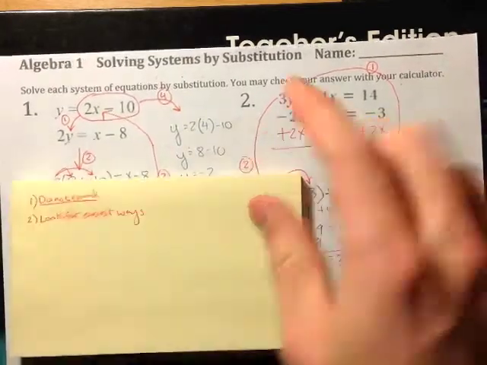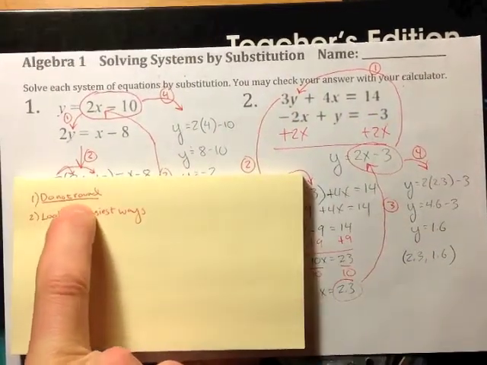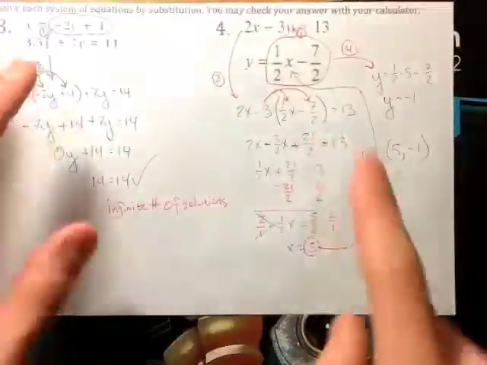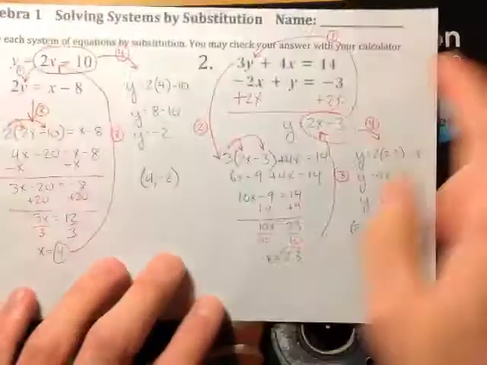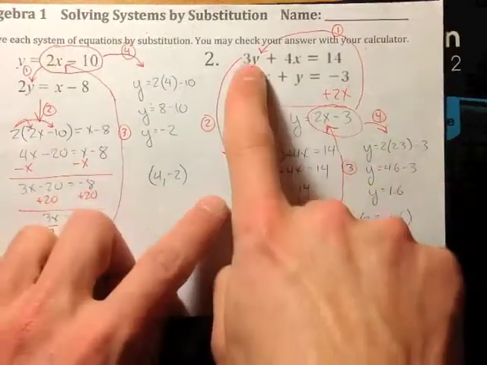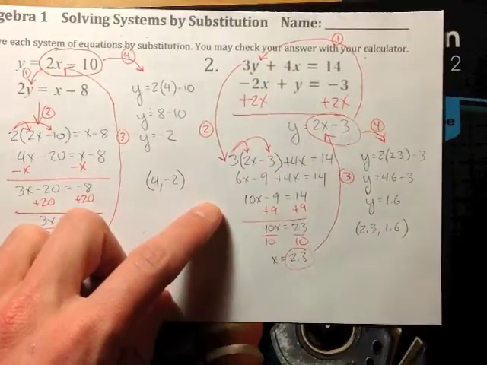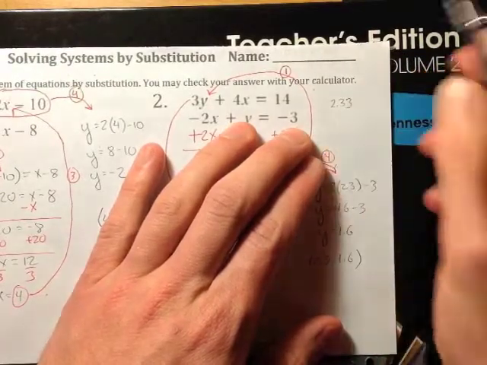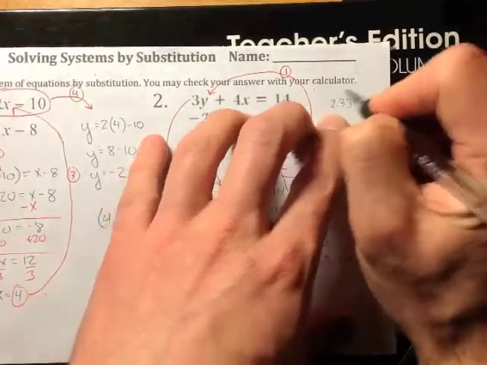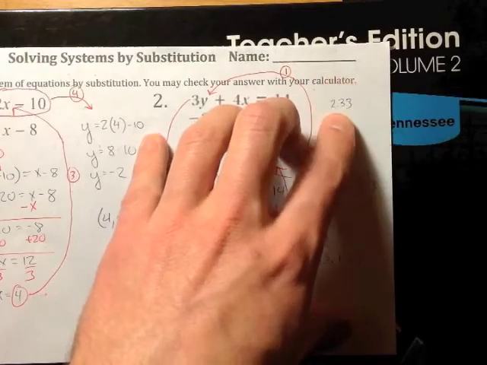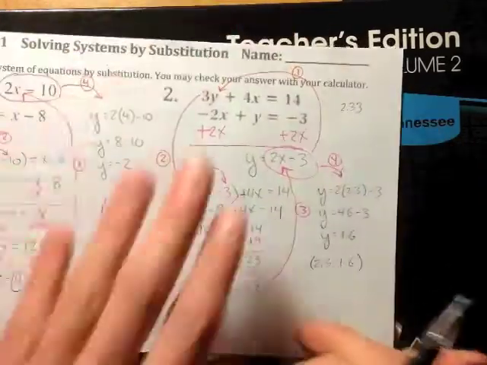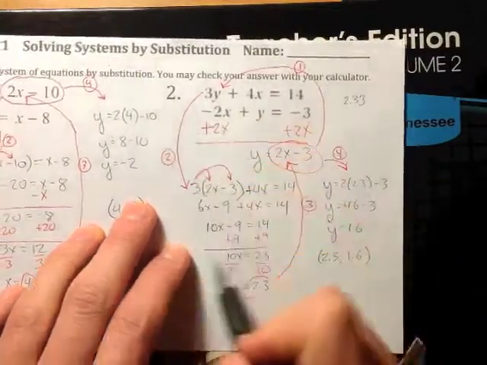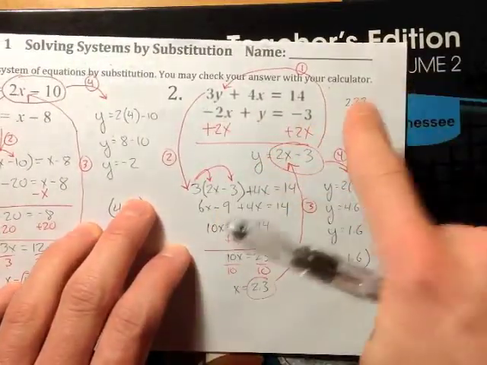Now, I also noticed that some students were rounding. For example, somewhere in here, you might have tried to divide by 3, and so you might have had something like 2.33 because you rounded that from the fraction. Don't do that. You cannot round or approximate any intermediate numbers to a decimal.